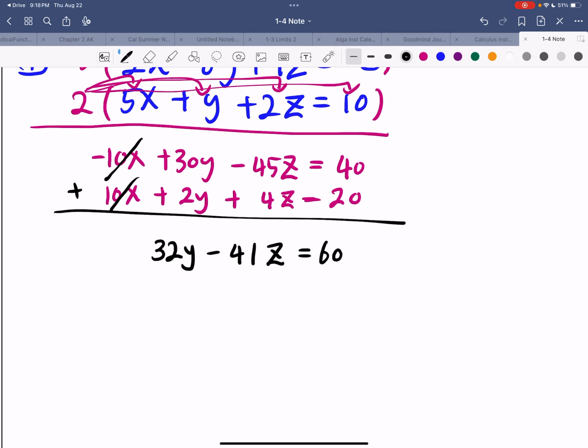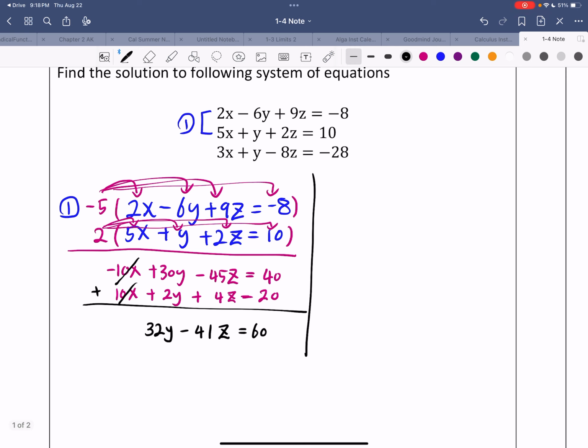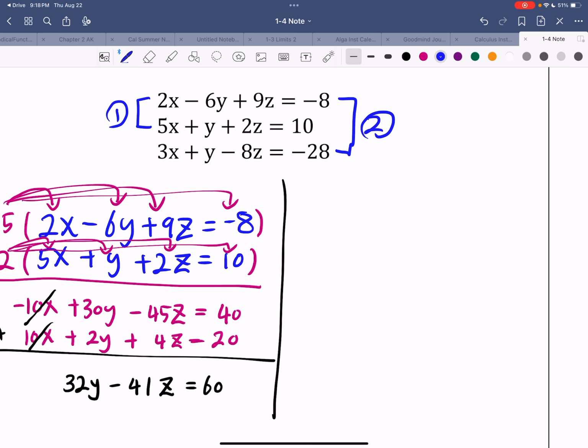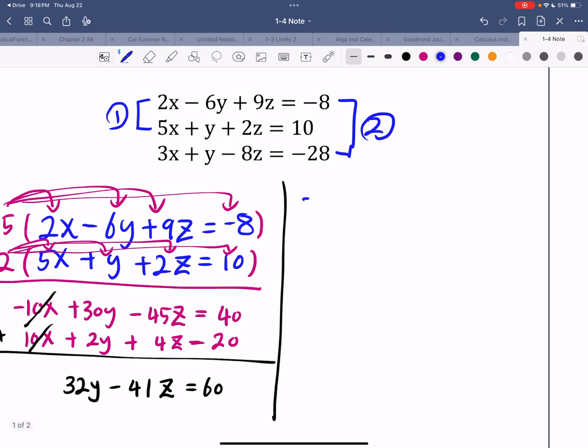Step number 2, you are going to choose another two. You can choose these two or you can choose these two. It does not matter which one you choose. But let me choose the first and last one, just for fun, okay? So I will write 2x minus 6. Oh, wait a second. That's A. So that's number 2.